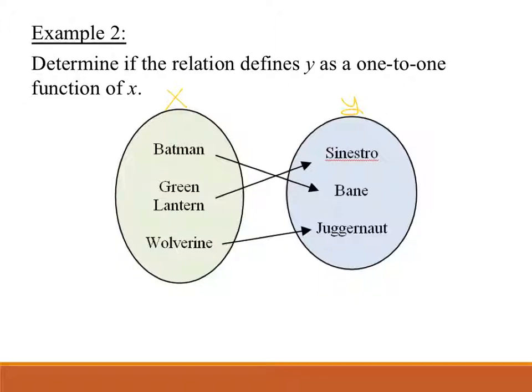Likewise, it can go in the opposite direction. Juggernaut goes to Wolverine, Sinestro goes to Green Lantern, and Blaine goes to Batman. So it's a one-to-one correspondence for each person going to one individual's name.